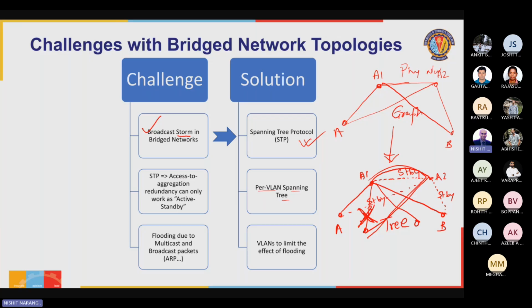Now, when STP functions in a layer 2 bridge network, we saw that it does away with the redundant links by marking them as standby links.